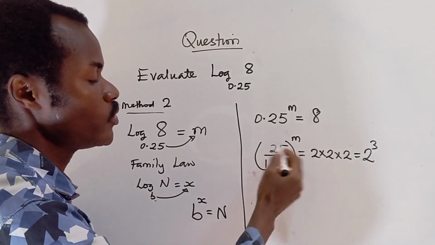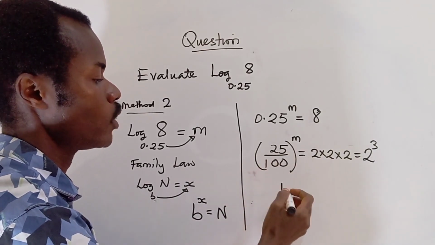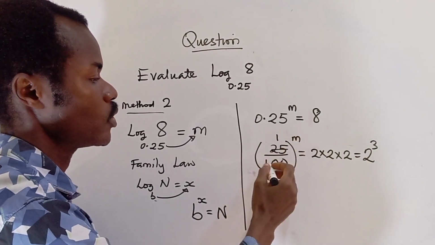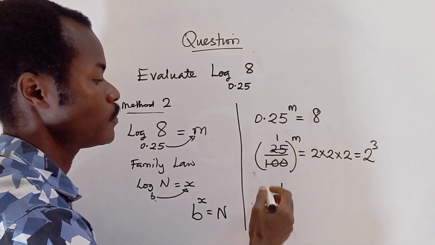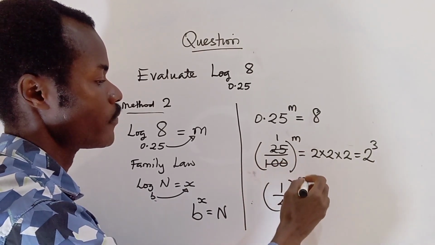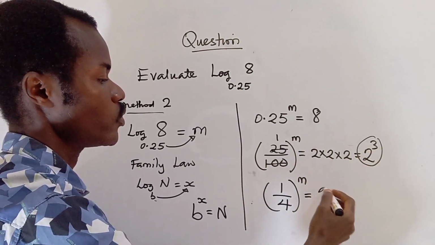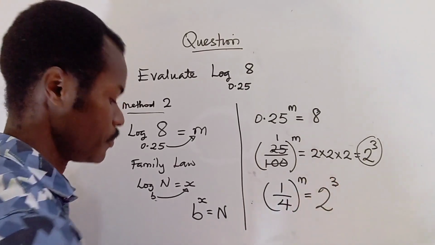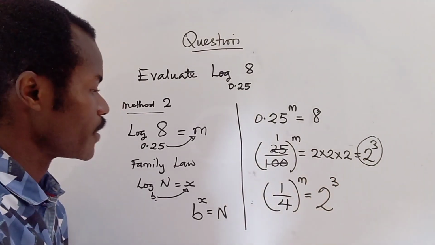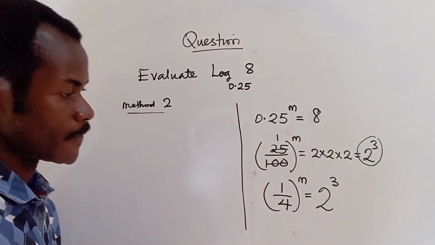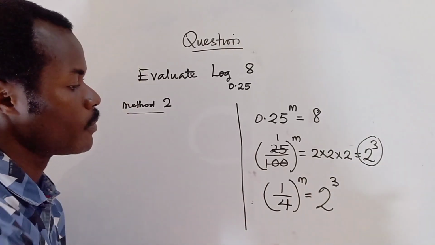Now this, we can reduce as 1 over 4, because if 25 divided by itself is 1, 25 divided into 100 is 4. So we have this raised to the power of m, which is equal to 2 raised to the power of 3. So with that, we can now further solve to get our answer to this problem.